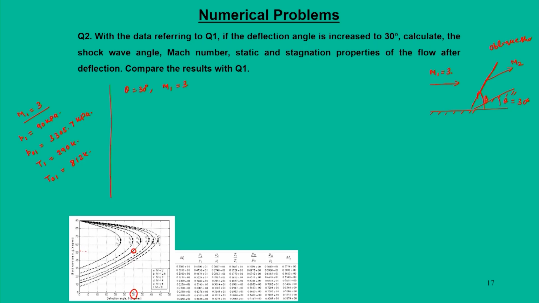It is just above 50 degree. If you drop a vertical from this point A, this angle is closely 52 degree. So, beta now becomes 52 degree, that we get from this theta beta M curve.